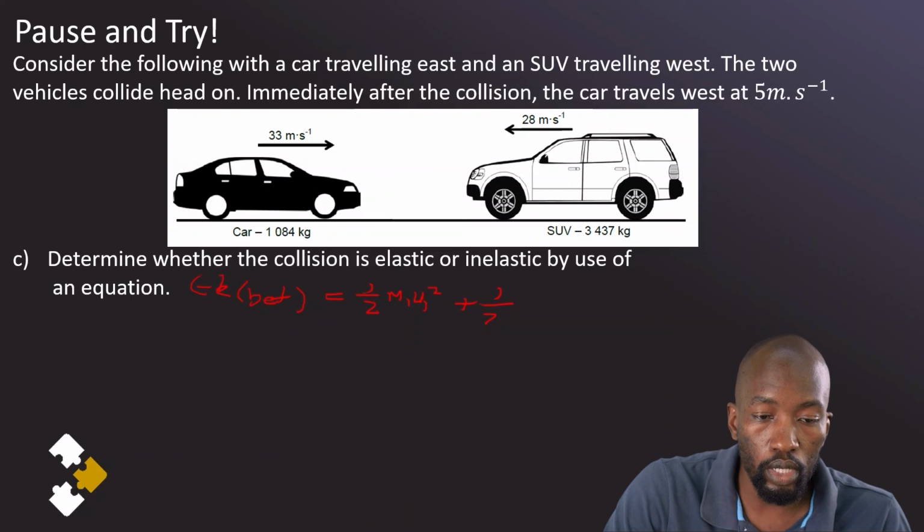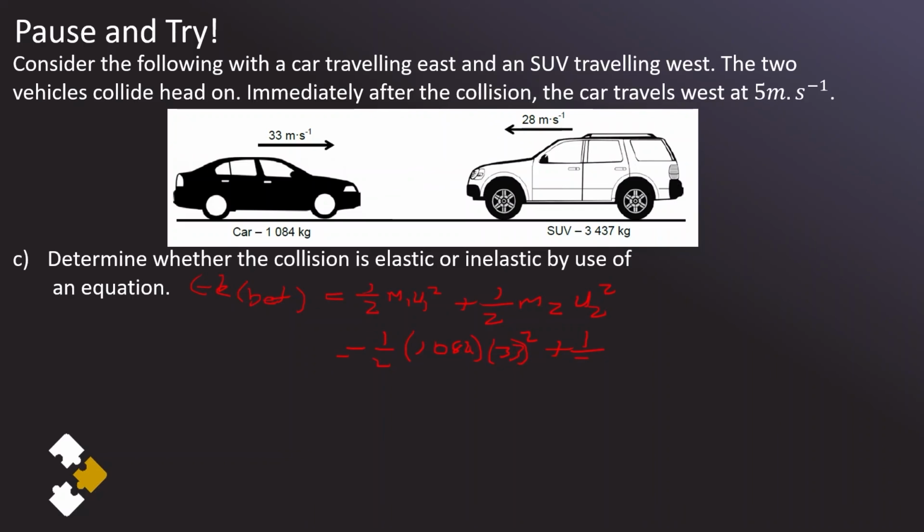So it's quite easy. Now we just substitute 1 over 2, the mass of the car 1084, then the velocity was 33, we need to square that, plus 1 over 2, the mass is 3437, and then the velocity is 28 but in the opposite direction, but it wouldn't matter that much because we are going to end up squaring it.